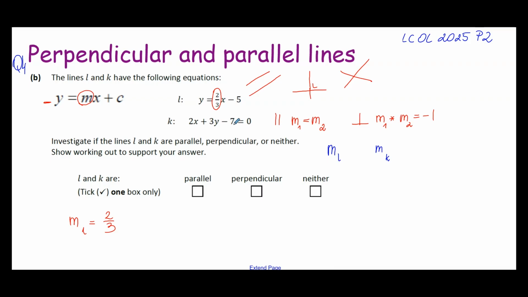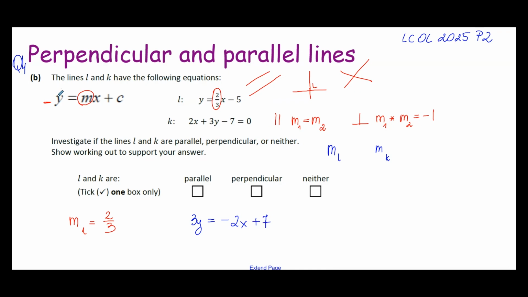Now we have to find out what is the slope of K. We can use the same idea. We just need to change the way this equation looks to have y on its own and the other numbers on the other side. So 3y, we're going to leave on this side. 2x, we're going to move, therefore change the sign: -2x. And -7 move, therefore change the sign: +7.